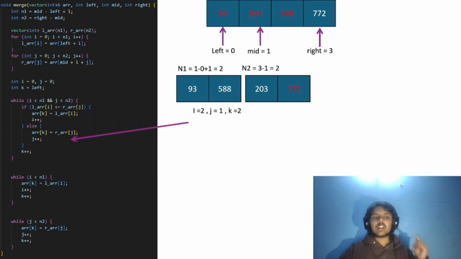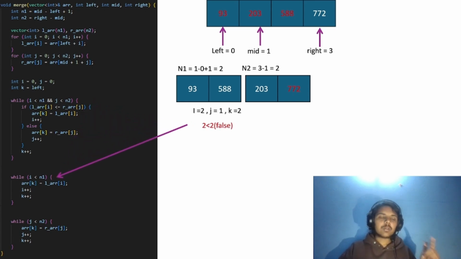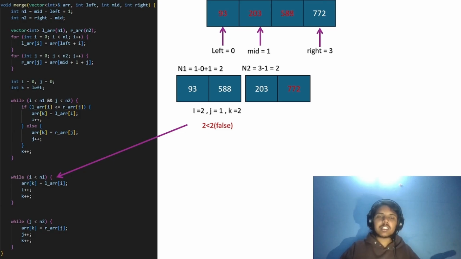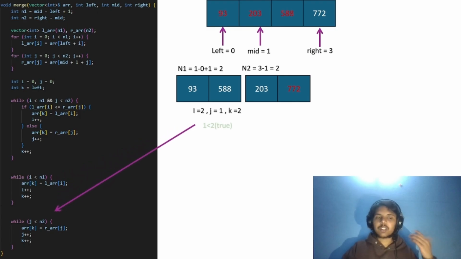Therefore the iteration discontinues. And now these two while loops that we can see down below are basically to check if all the elements in the right or the left sub array have been inserted into our actual array or not, which for the left array is actually true. Therefore it yields a false value, and this iteration does not continue at all.